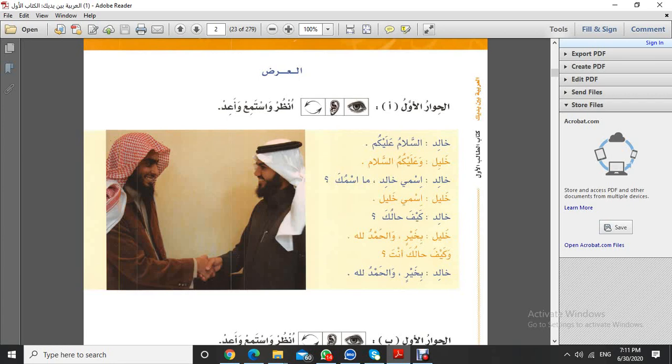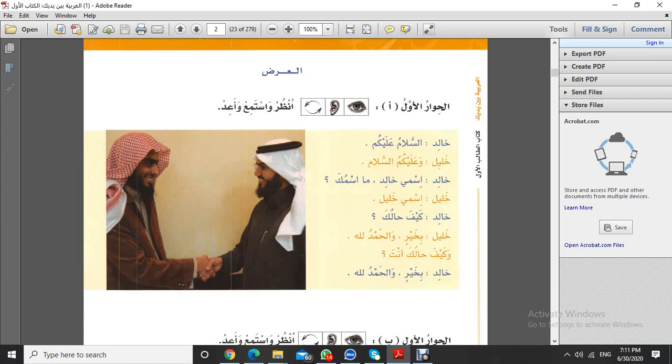Ismi Khalid, masmuka. Now here, ismi. Ism is the word, means name. Ism: Alif, Sin, Mim. Ism means name. Now when you add ya, it becomes the possession, my name.